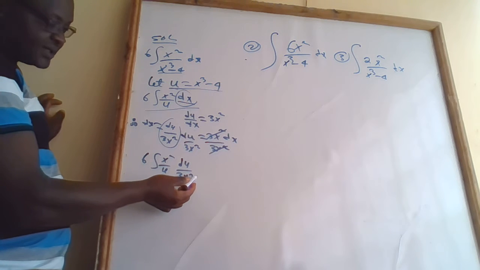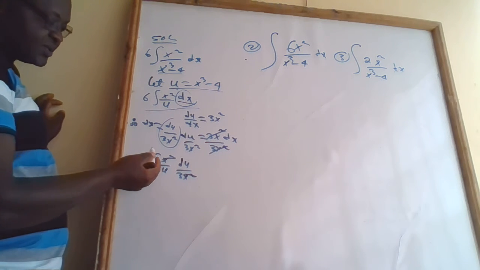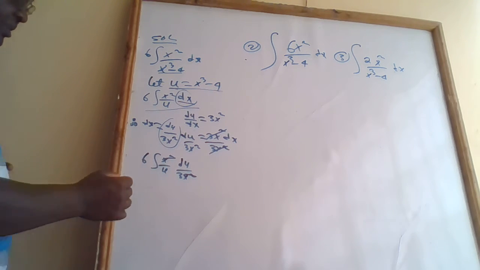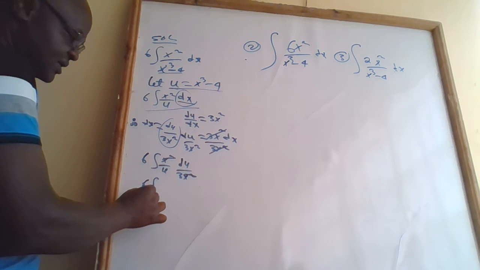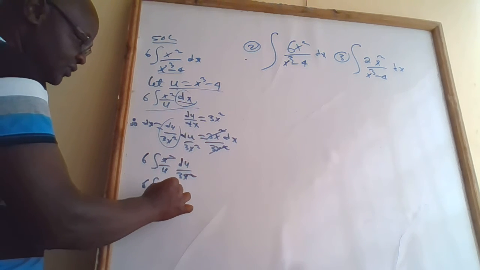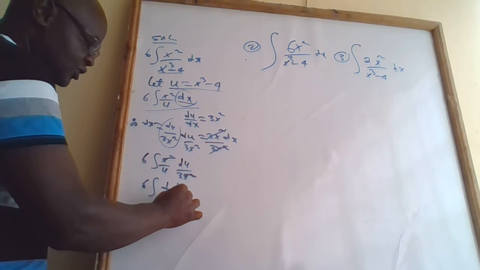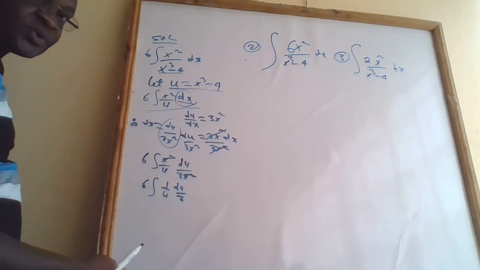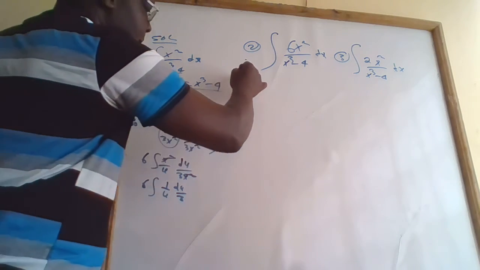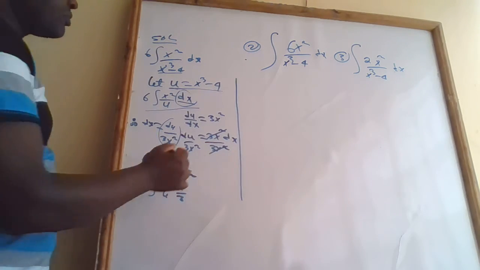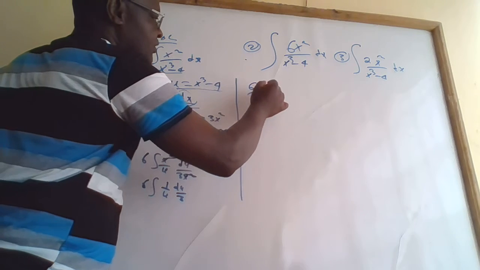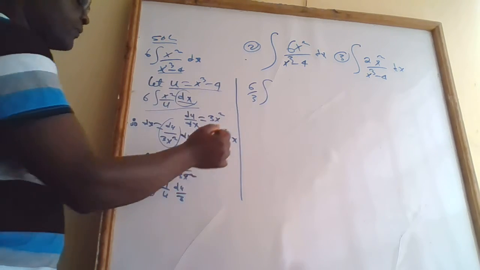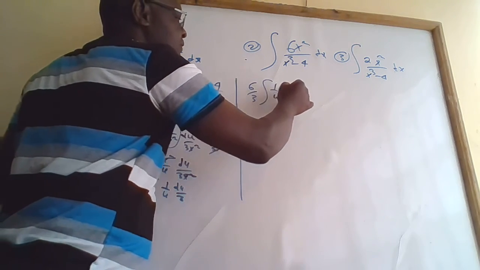From here you can see that x squared will cancel with x squared, so that we remain with 6 the integral of 1 all over u du over 3. From here again we take a constant out, which is 1 all over 3. Therefore our equation now becomes 6 all over 3 the integral of 1 all over u then du.